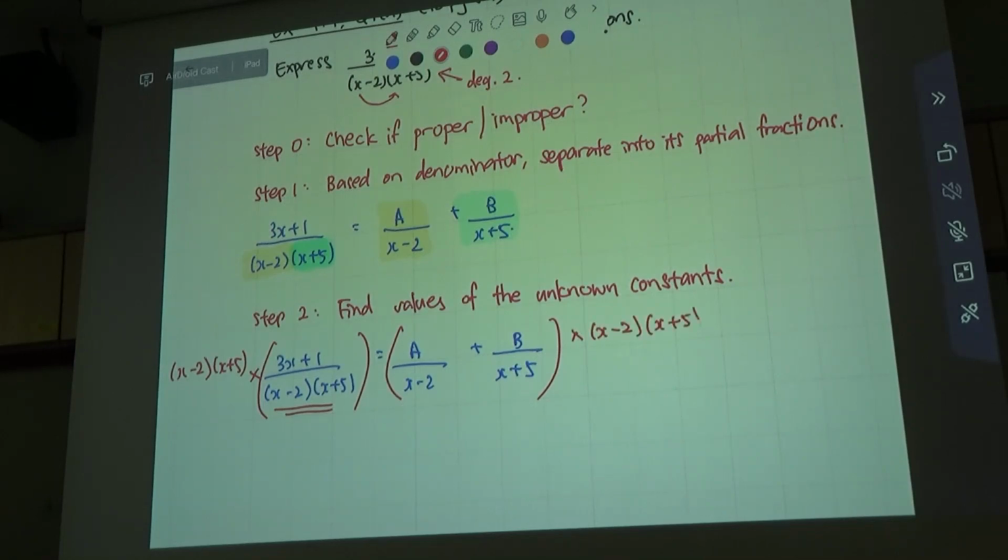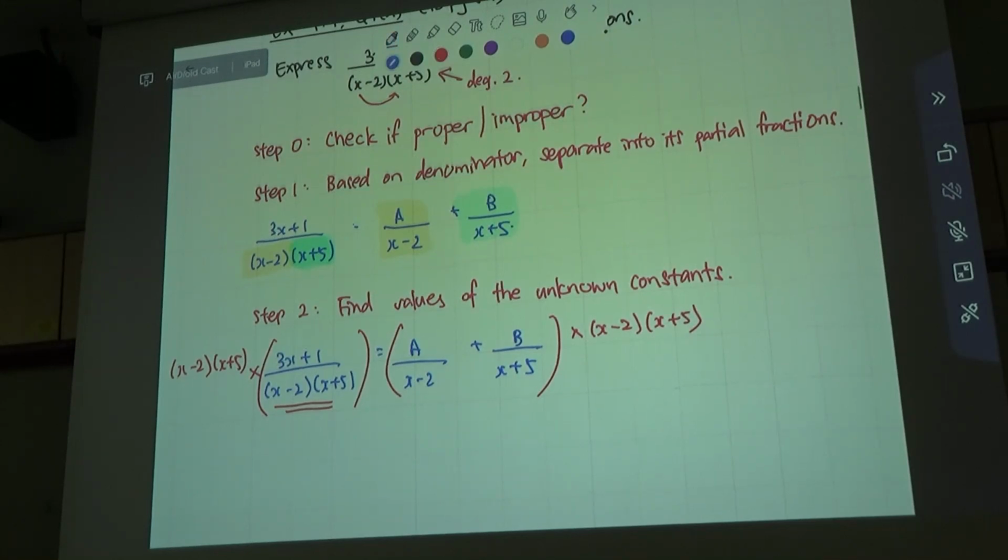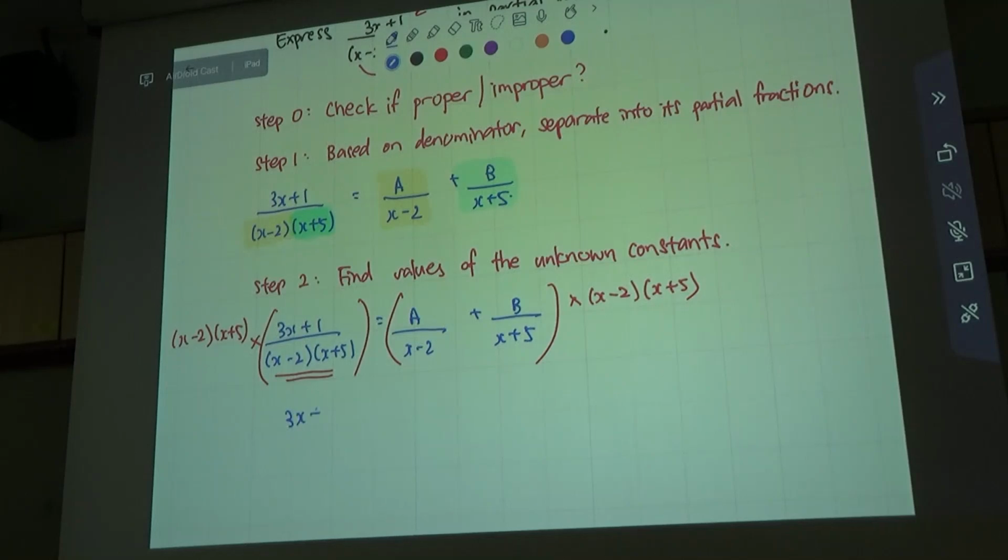I cannot just multiply one side. What happens when I do that? I will be able to get 3x plus 1 on the left, and then on the right, with this fraction multiplying with x minus 2 and x plus 5, I will get A times (x + 5). And for the second fraction, I get B times (x - 2).